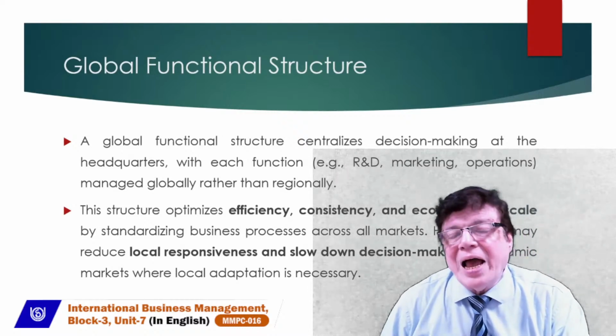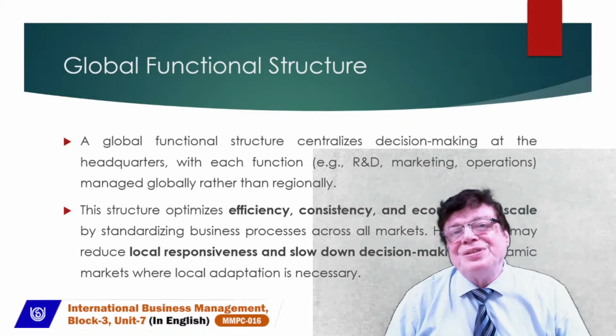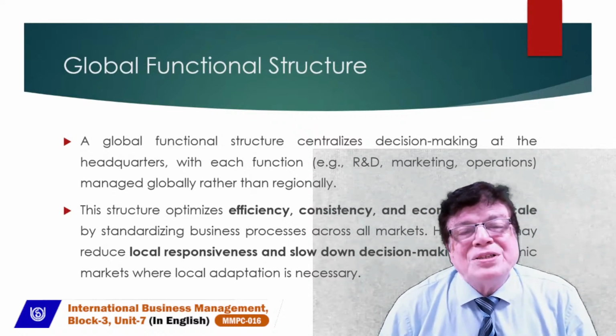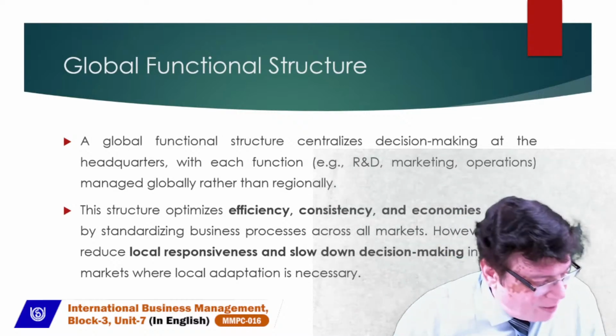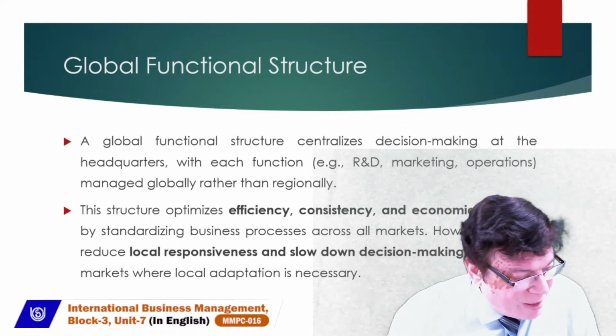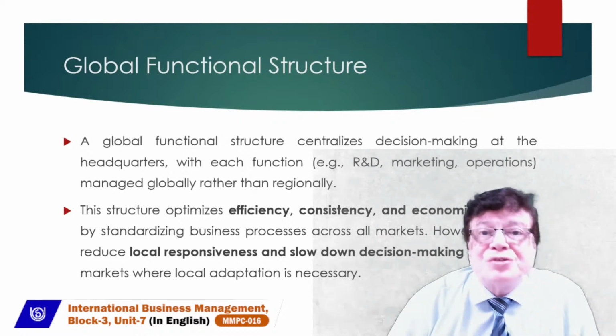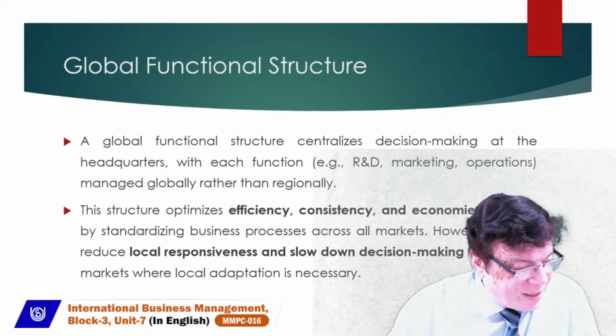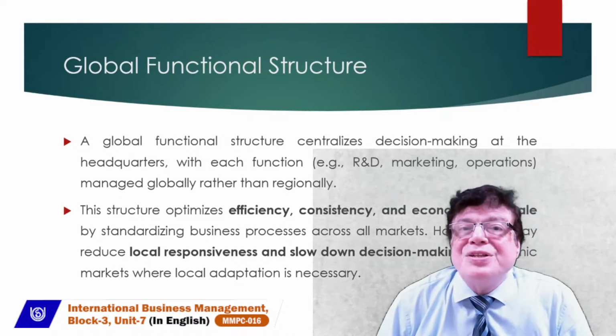Next is hybrid structures. Our next point is the hybrid structure. A hybrid structure combines elements of different organization models, allowing firms to customize their structure based on business needs.